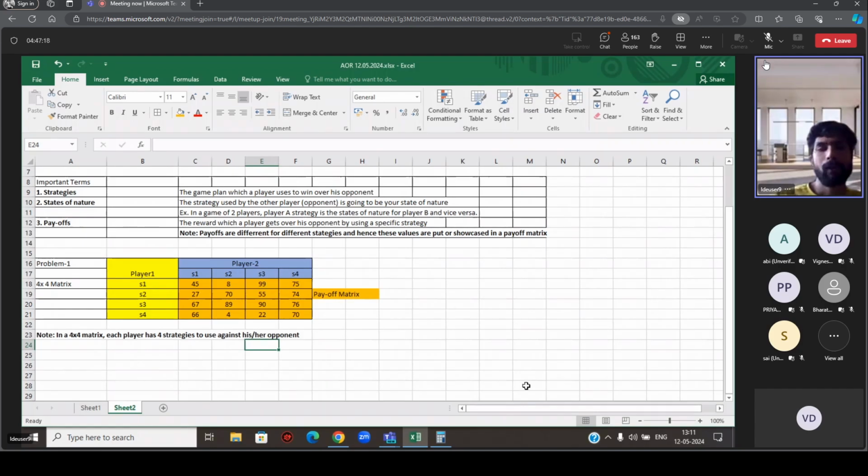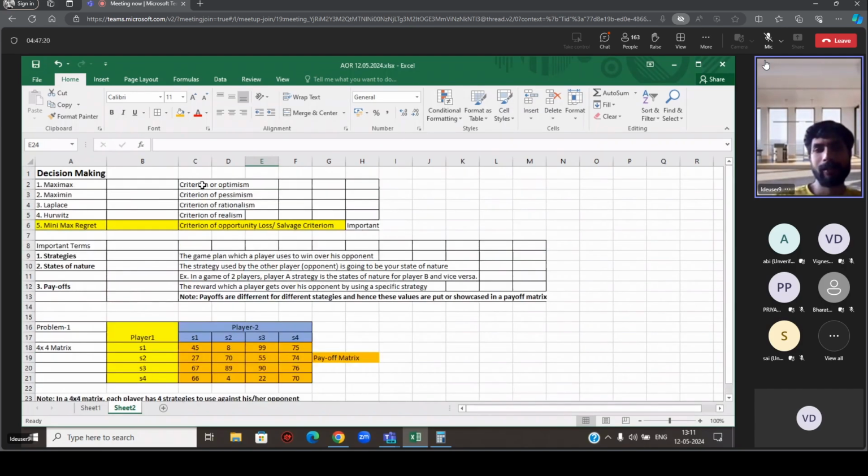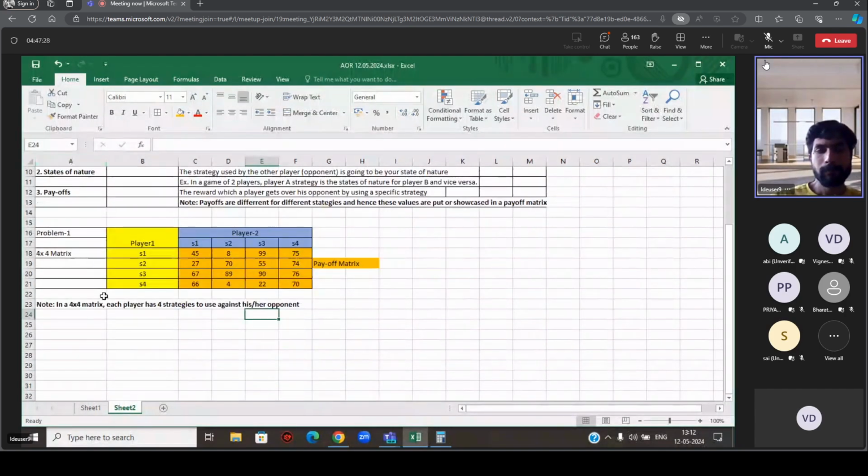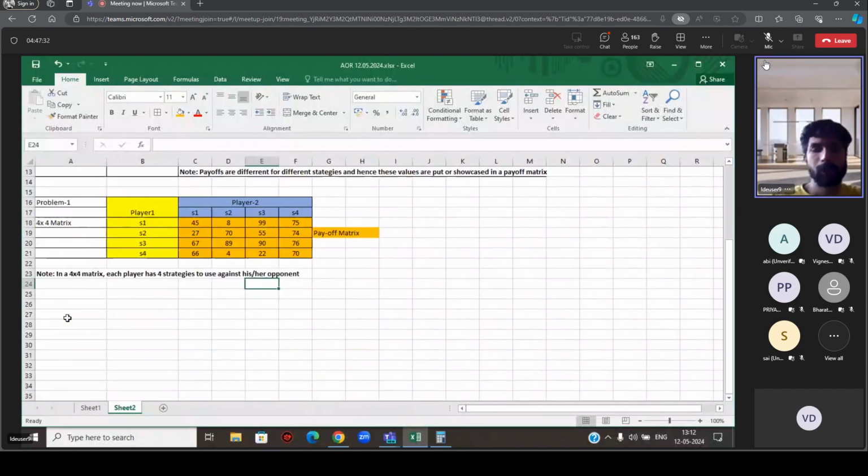So now let us see the maximax criterion of optimism. What is this maximax? Very simple. The way in which you have to solve the problem for maximax: remember, first go row wise.